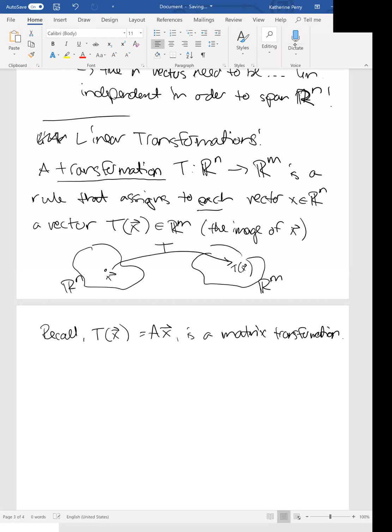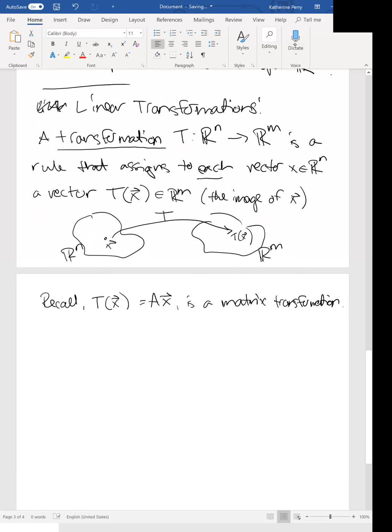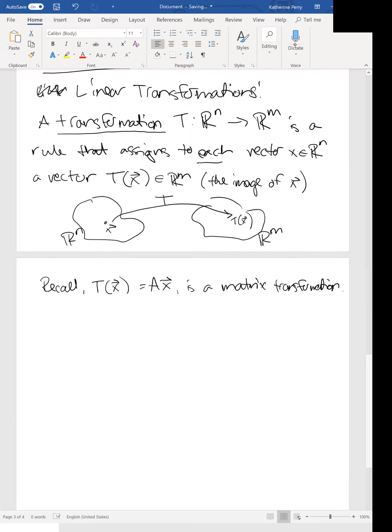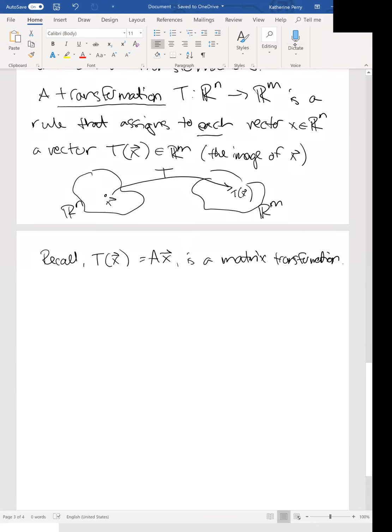And these are the type of transformations that we're going to be interested in. But the last type of transformation that we talked about is a linear transformation.